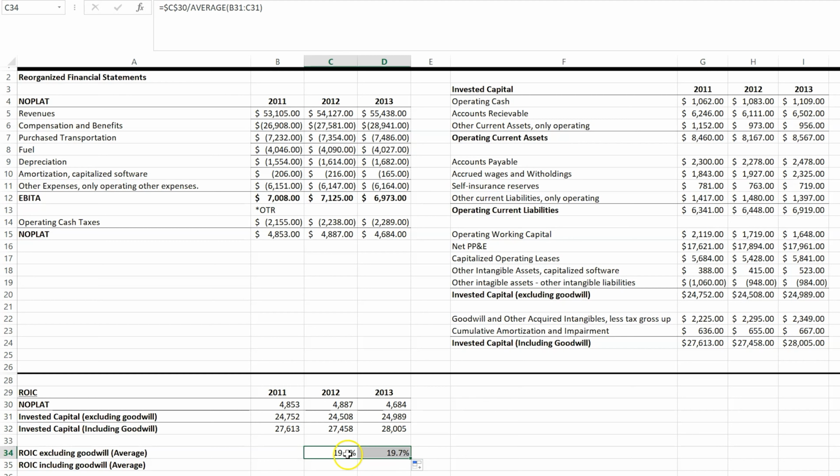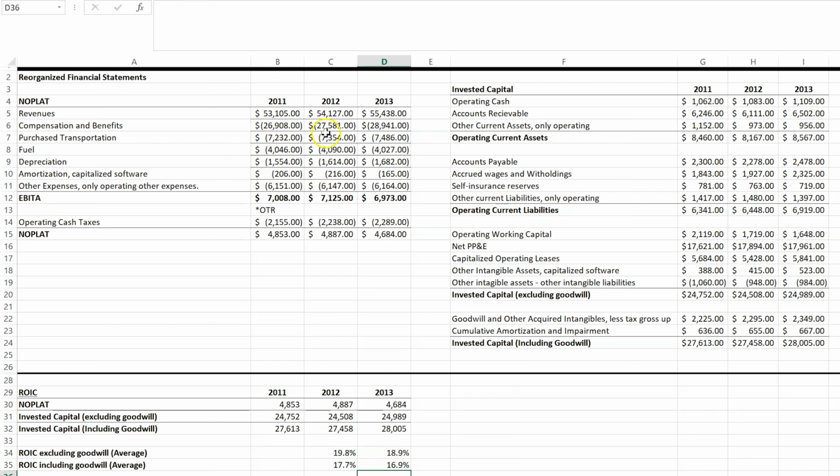Now, the reasoning here is that assets on the balance sheet change in big jumps, and items on the income statement change in sort of steady growth rates.